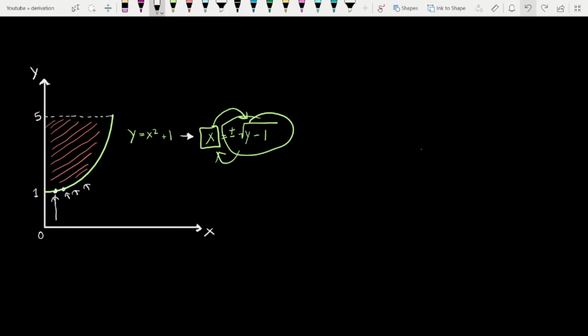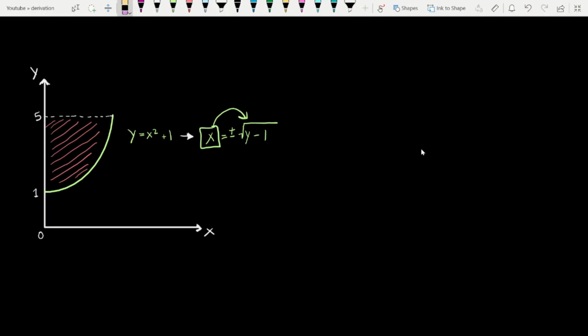Now what you got to see is, are those x coordinates positive or negative? If the curve was over on this side, then all of the x coordinates would have negative x values. But right now, all of the x coordinates that you're going to find are over here on the positive side, and so you need the positive square root right over here.